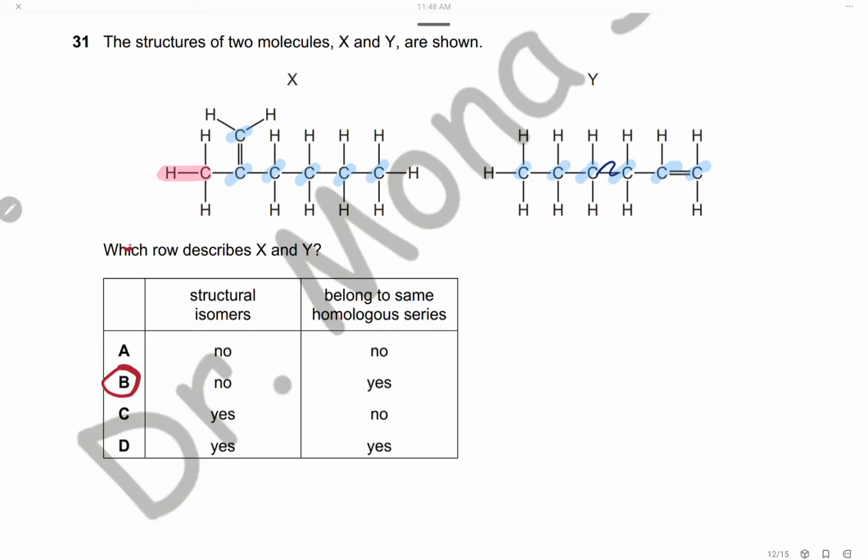Here we have 6 carbons, 1, 2, 3, 4, 5, 6, and here we have 7 carbons. So they are not structural isomers because they don't have the same molecular formula. They belong to the same homologous series: both have carbon-carbon double bonds, so both belong to the alkene series. So this is correct. The answer is B.